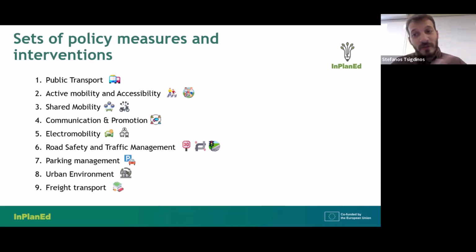Communication and promotion: a set of measures should be connected to marketing and social marketing, to promote our idea in an inspiring manner. Electromobility, electrification is also very important, and we have to look at the negative effects as well. Road safety and traffic management is very important to control traffic and enhance road safety by some interventions in junctions and in the city.